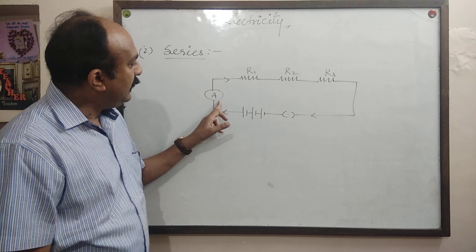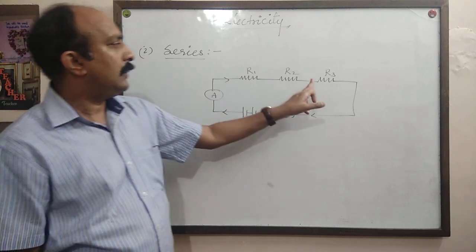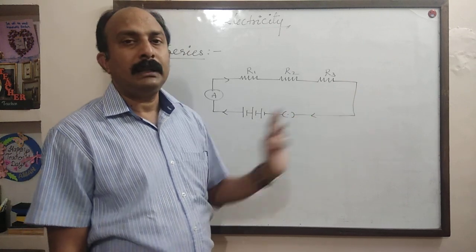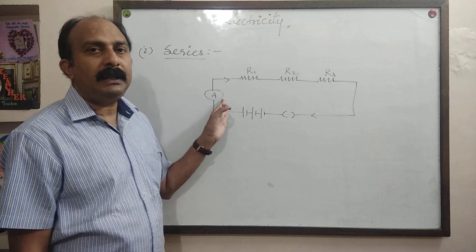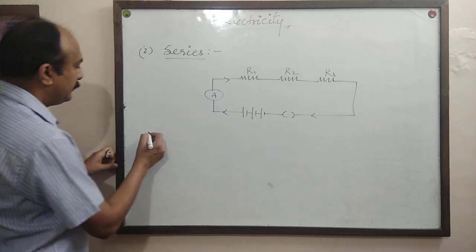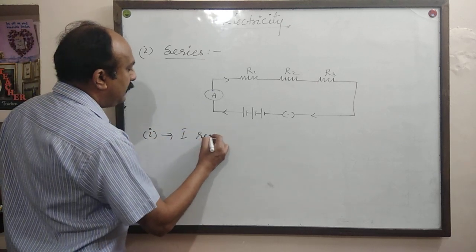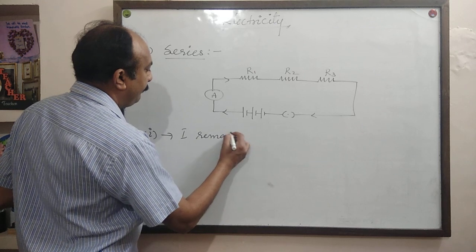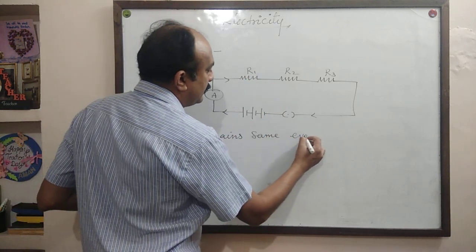That means if I connect this ammeter here or here or here or here, the reading shown by the ammeter will remain the same. So point number 1: in series, I remains the same everywhere in the circuit.